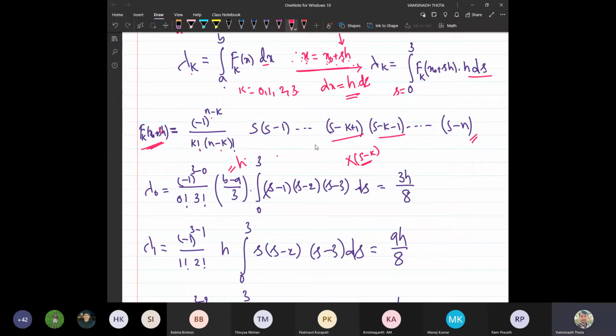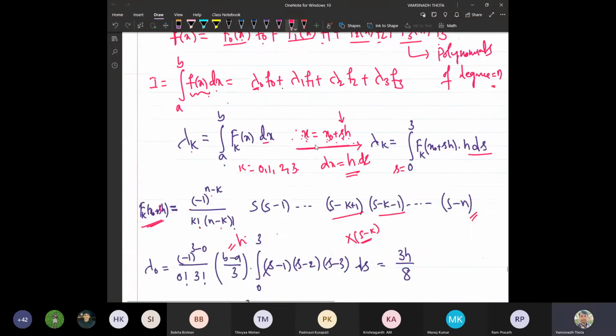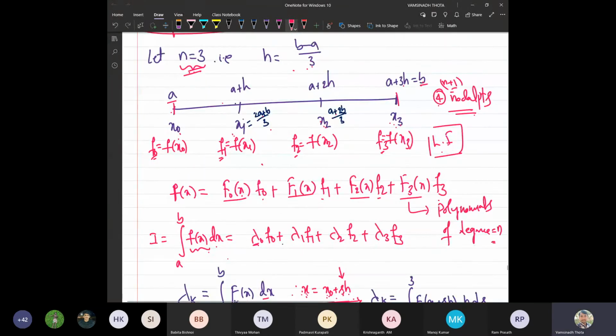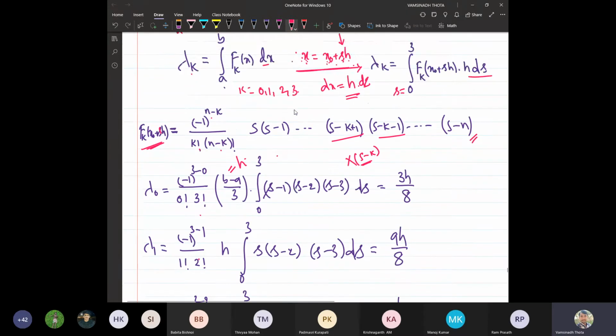Right. So if you start from evaluating lambda naught, n is equal to 3 for the Simpson's 3/8 rule. N is equal to 3. Remember, it is fixed. Okay, 3 subintervals minimum we require for Simpson's 3/8 rule. So lambda naught is equal to -1 to the power 3 minus k, k is 0 here. Substitute here, and then what we will get here. So integral of 0 to 3 fk of x0 plus sh into h ds.